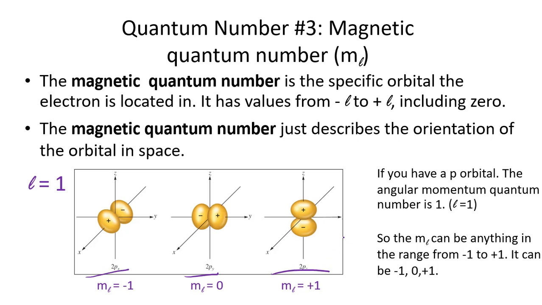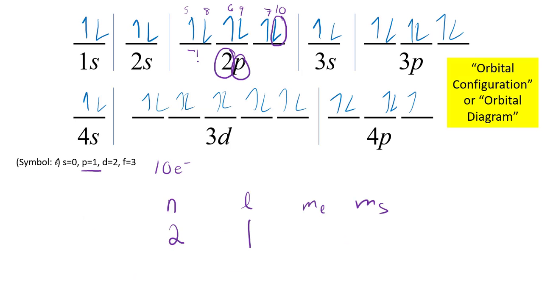That's all we're going to do. So I'm going to write -1, 0, +1 right here. And so that tells me the orbital that it is in has an m sub l of +1. And then my spin is downward, so once again I have a -1/2 spin. So these are my 4 quantum numbers for the 10th electron.